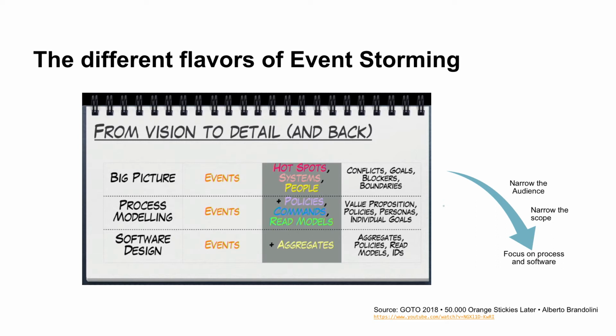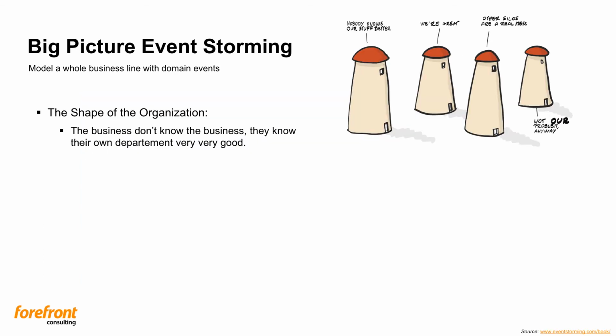And then you can drill down with a slightly narrower group towards the more technical stuff. So when you're down to software design, you add a lot of notations into the model, and then it gets more technical and more detailed, and then you don't need as many people. So you take something big and then you drill it down in more detail.